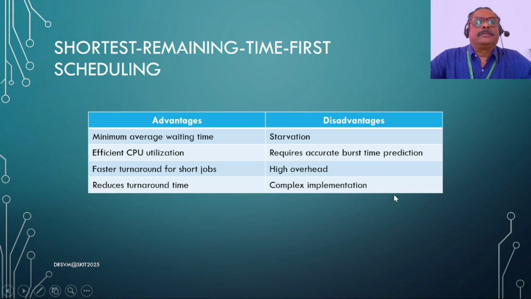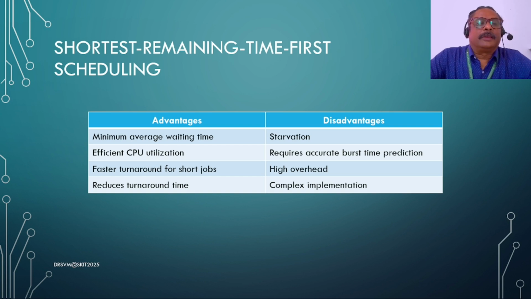So the advantage of using this algorithm is minimum average waiting time, efficient CPU utilization. So CPU is never waiting for any other process, whenever any process goes on waiting for some IO and all that, then we can allot this.